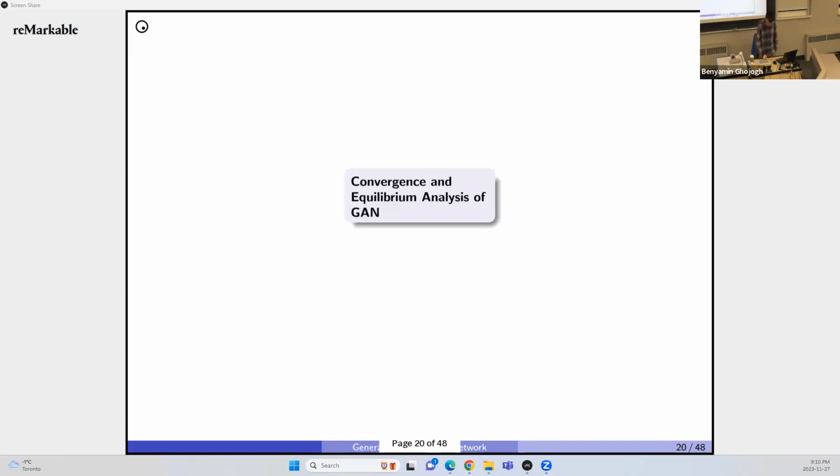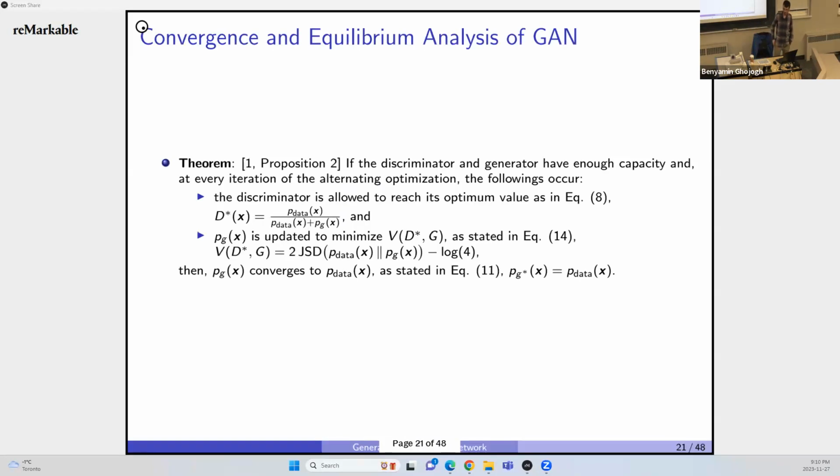Now, convergence and equilibrium analysis of GAN. It's a game in game theory, so it has an equilibrium. You can see equilibrium in game theory is similar to convergence, okay?